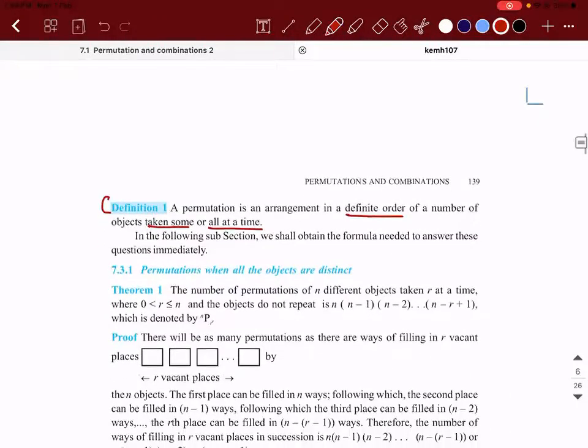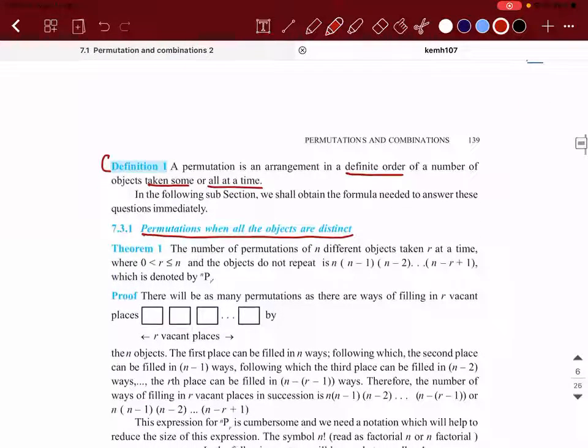Okay. So permutations when the objects are distinct. The theorem states something like this. The number of permutations, forget the technical name, the number of arrangements of n different objects taken r at a time, where r is less than or equal to n, and the objects do not repeat.